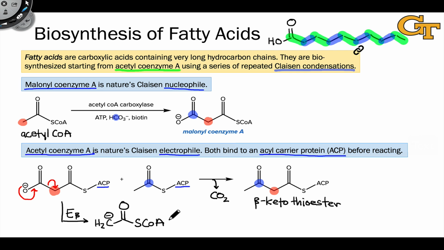This isn't exactly how it works mechanistically, but this gives you a good idea of why malonyl-CoA is used as the nucleophile in this context and how the electrophilic neutral acetyl-CoA combines with the enolate of acetyl-CoA to form this product. One other thing we're not seeing here is that the ACP thiol, which we can abbreviate as HS-ACP, is kicked off as a leaving group in a beta elimination type step.